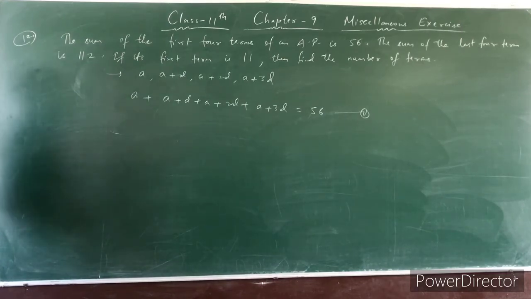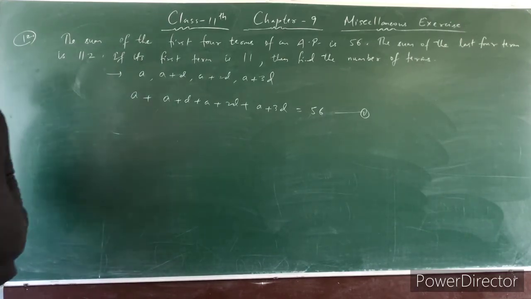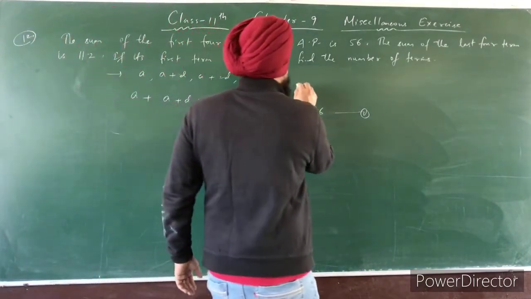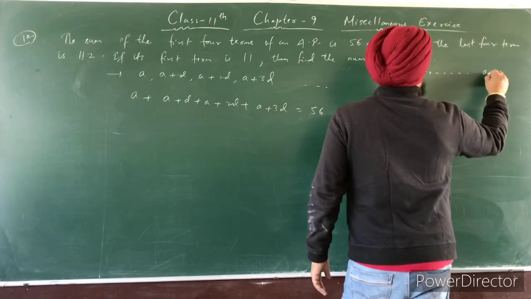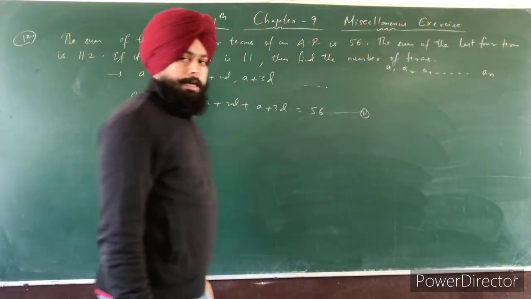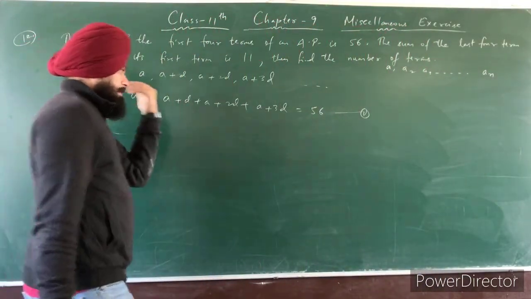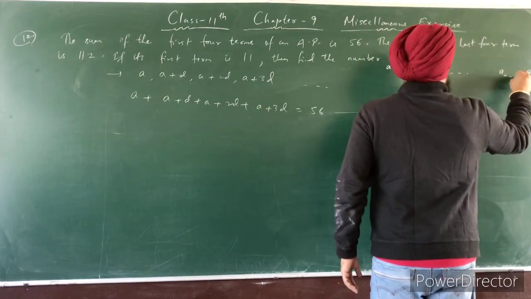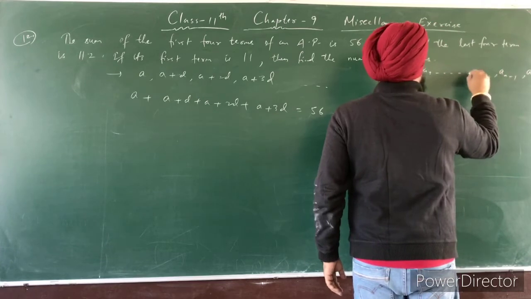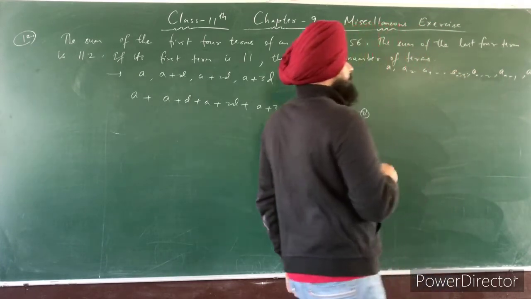The sum of the last 4 terms is 112. So the last 4 terms are written as, suppose the first term is A1, A2, A3. Last term is what? An. So the terms before an are an minus 1, an minus 2, an minus 3.